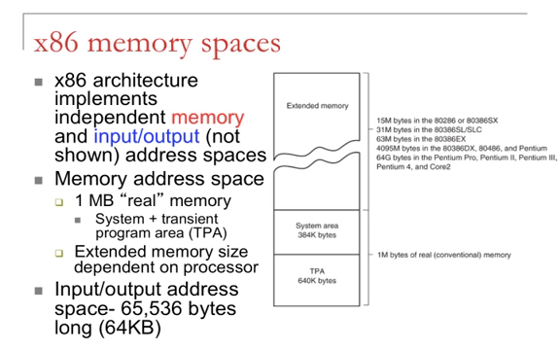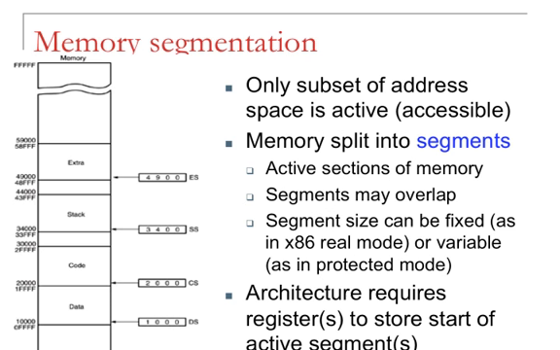We also have input and output address space, or I/O address space for short, which is 64 kilobytes. This I/O address space could overlap with the memory or be isolated, and depending on which, we will see different ways to access the I/O devices, but we'll talk about that later.